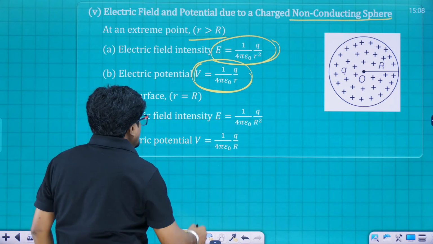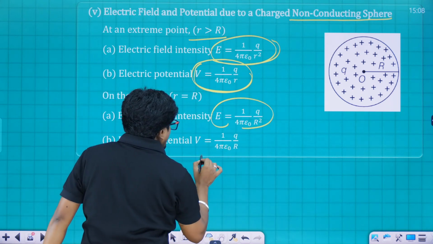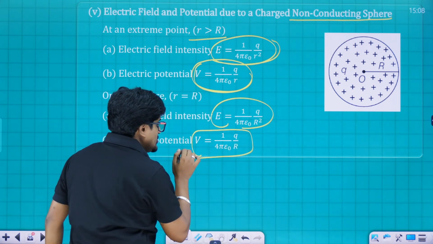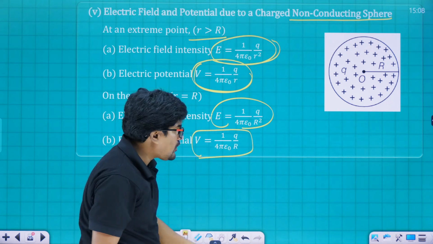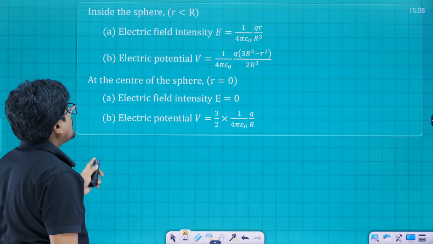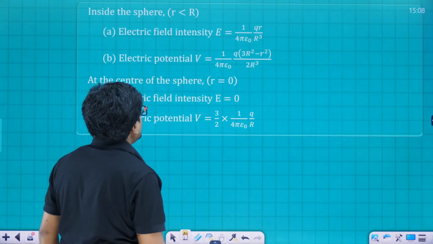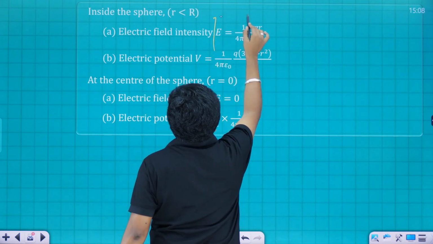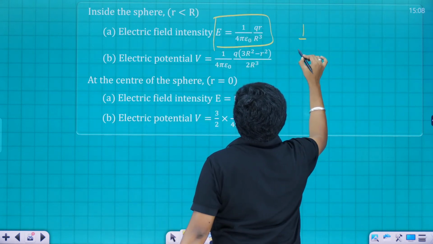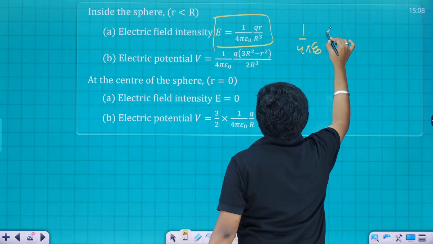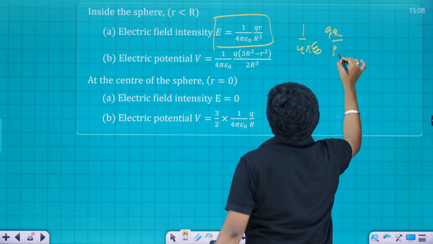Again, on the surface, exactly the same pattern that we had for the case of the shell appears here. The only difference is for any point inside. There, the electric field E is going to be, this time, 1 divided by 4 pi epsilon naught q small letter r divided by R cube.